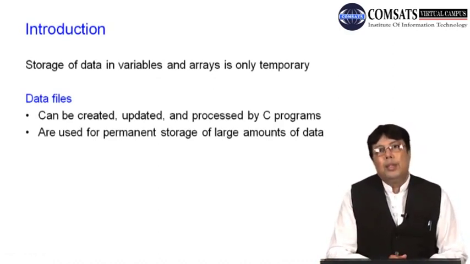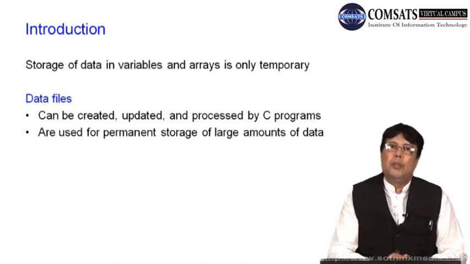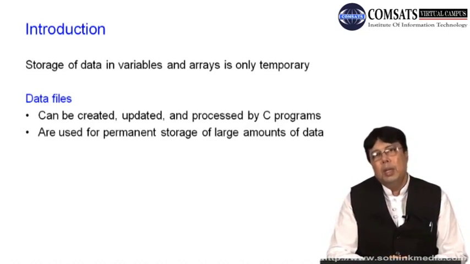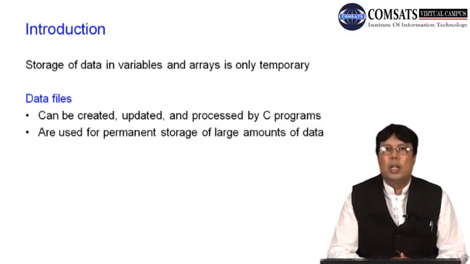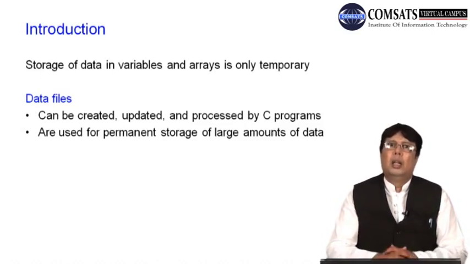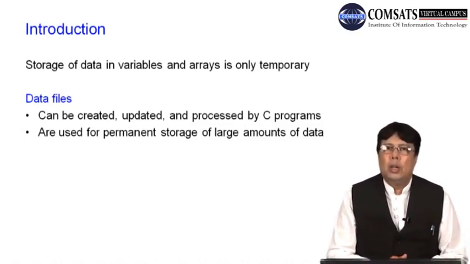Students, we have seen in our different programs that we create data, we process data, and we store it into the computer, into the structure that we defined. A structure could be a variable name, arrays, a structure itself, a pointer, a union, or any storage location of the computer.